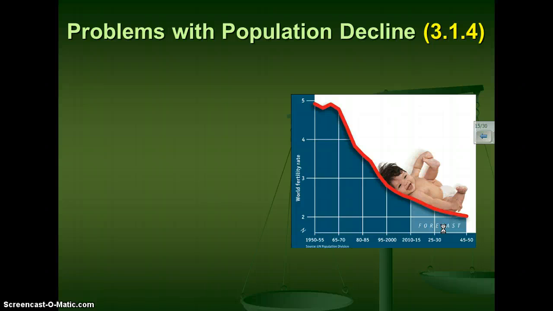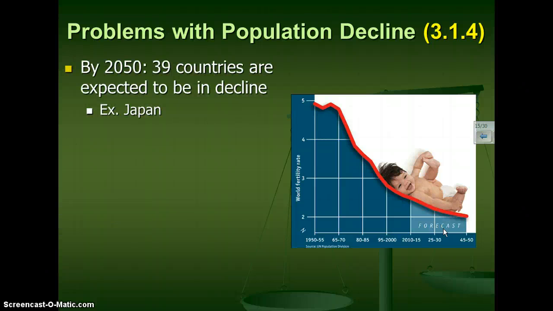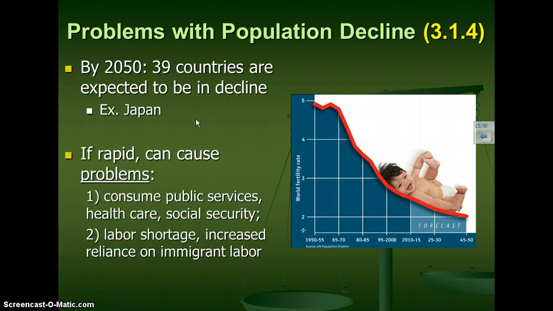But what I do want you to note, which is kind of interesting, growth is a problem potentially, but so is population decline. And if we have population decline, which we are predicting in about 39 countries by 2050, for example, Japan is already having issues with population decline. If this happens too fast, there's a lot of issues.